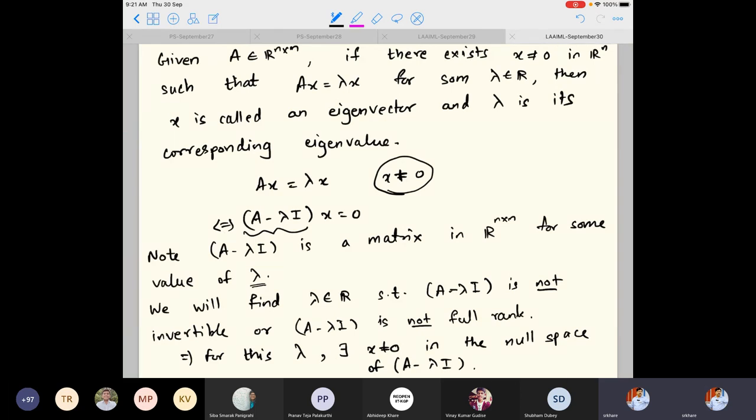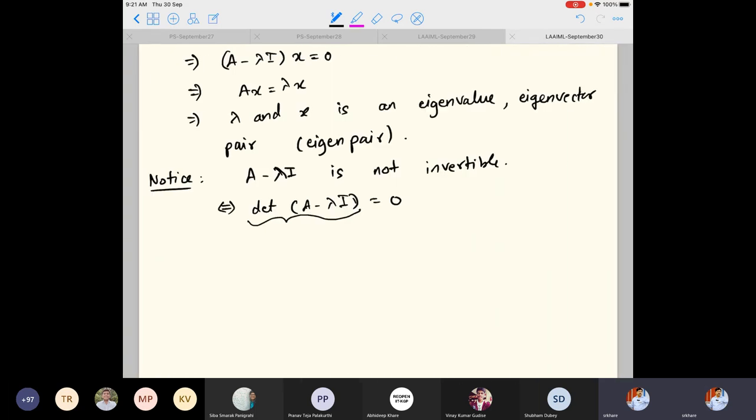They definitely will be real. Corresponding to the complex eigenvalues we will not do anything. We'll say that eigenvectors do not exist for those eigenvalues. If you go to Cn, a vector space over the complex field, then this problem will not arise. But for the real field, this problem arises. Okay, so I hope this part is clear. Is that okay?